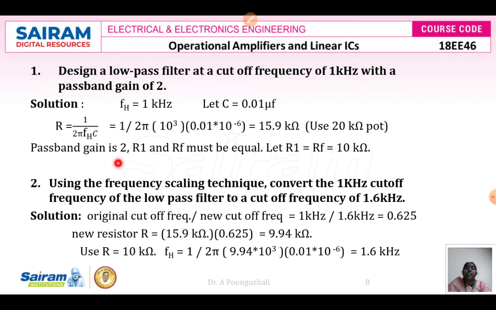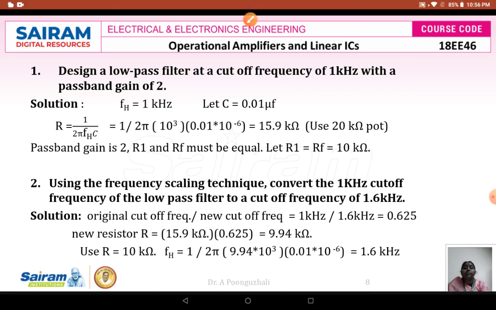Next, the passband gain is given to be 2. We know that AF is equal to 1 plus RF by R1. To get the gain value of 2, we write 2 equals 1 plus RF by R1.